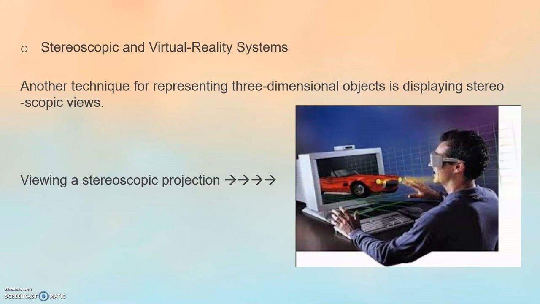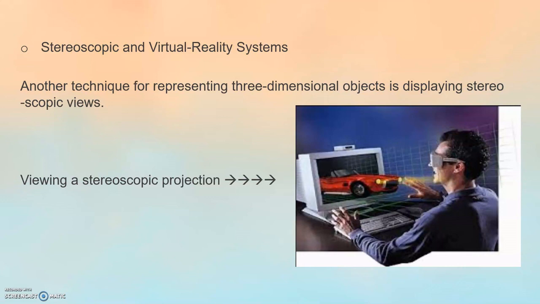One way to produce a stereoscopic effect is to display each of the two views with a raster system on alternate refresh cycles. The screen is viewed through glasses.